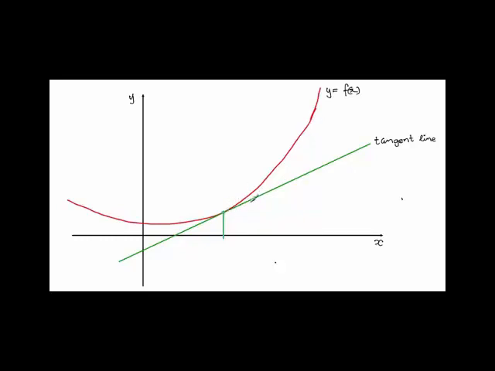So then let's say you were to have a line like this, which is a tangent line there, which shares a unique common point with the curve.